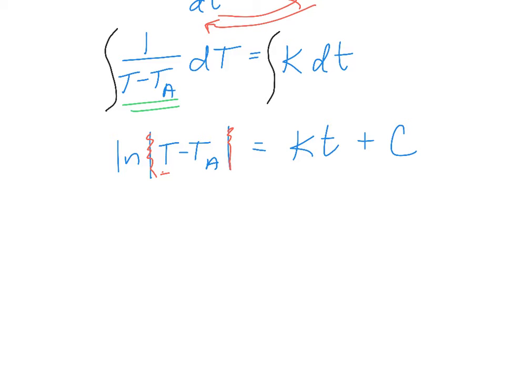Okay. Now I want to rearrange this and just solve for this capital T. We want the temperature at any time. So I'm going to rearrange this by using some exponentials. So I'm going to raise e to the natural log, and I'm going to do the same thing on the other side. So these two are actually inverse functions, so that's just going to leave me with T - T_A.